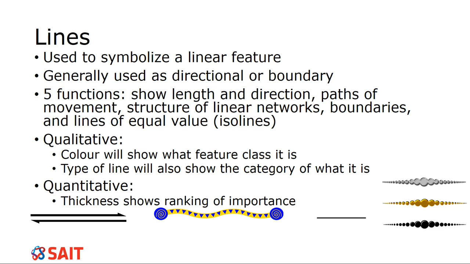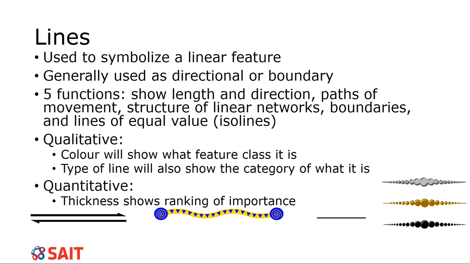Boundaries, we see that all the time. As long as it's not fully enclosed, then it can be considered a line, and it's emphasized as a line. But a lot of times areas take over those boundaries. So again, boundaries are more so for drafting. If you're using drafting for mapping, then you'll see more boundaries and lines that are used for boundaries.